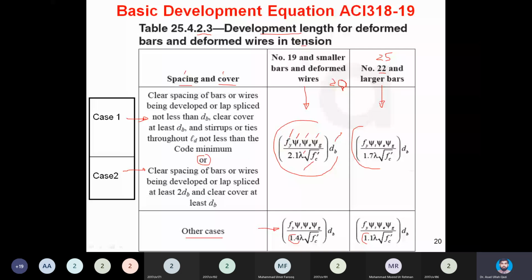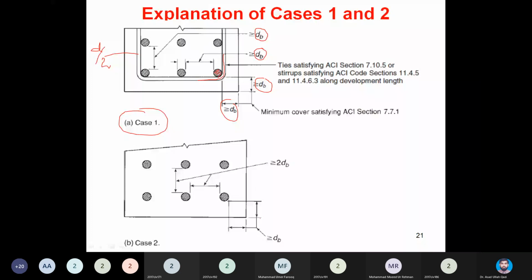And if case 1 is present, you can avail these equations. Further, there is another option given, or, which is case 2. In case 2, more or less, the conditions are almost similar in terms of edge cover and bottom cover, that the clear edge cover and bottom cover is at least equal to the diameter of the bar which is under discussion.